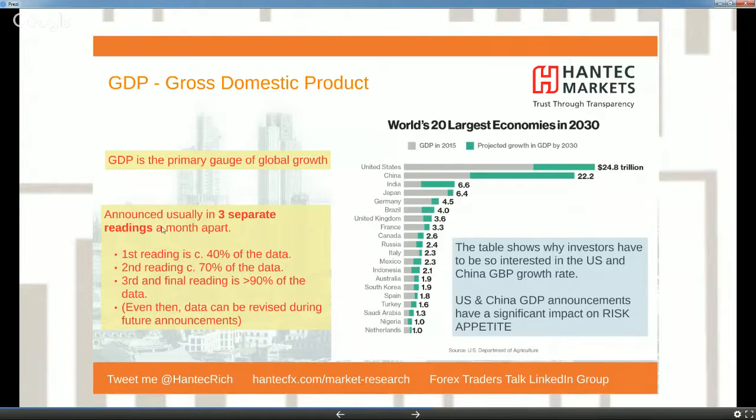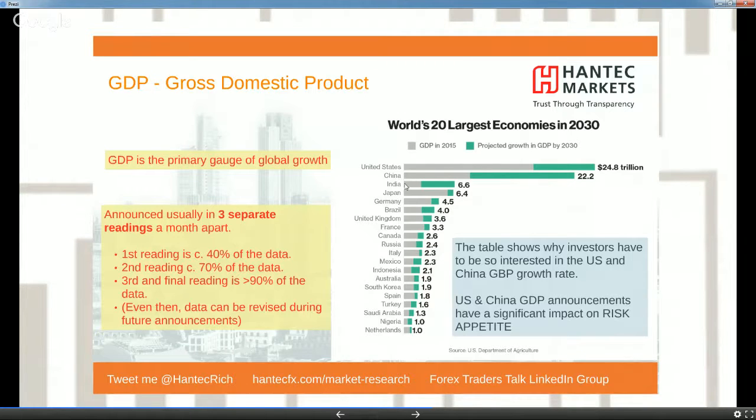Here we go, I wanted to show you this chart, because these grey bars are where GDP currently sits, and the green bars are the extension of that into 2030, so the next 15 years. So you can see that in the next 15 years, China and the US absolutely swamp the rest of the world in terms of economic production.